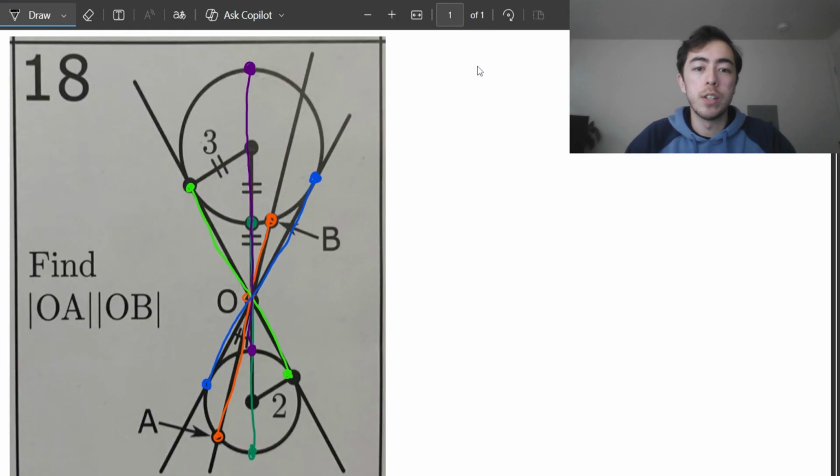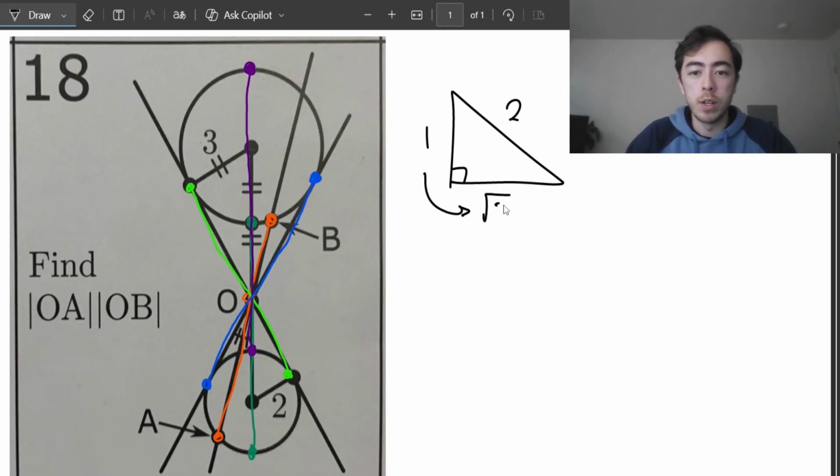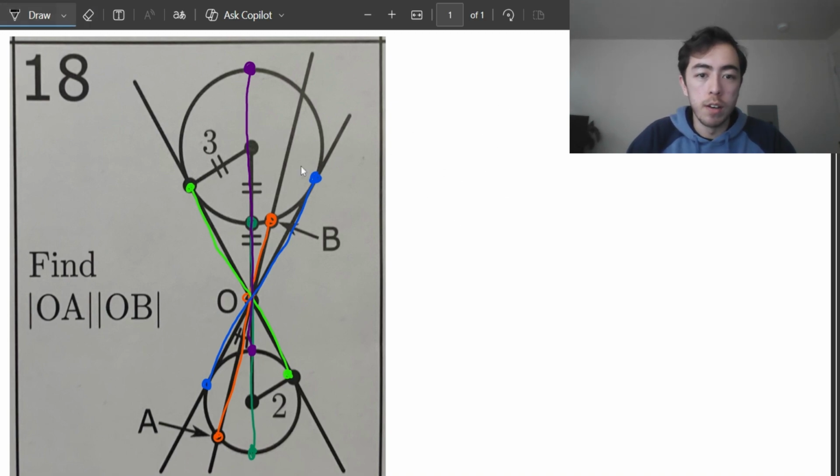And 30, 60, 90 triangles have this relationship where not only is there a quick way to multiply between the short leg and the hypotenuse, there's also a pretty quick method to multiply between the two legs. So I know that if I take this short length of 3, I can multiply it by root 3 to get this length here.